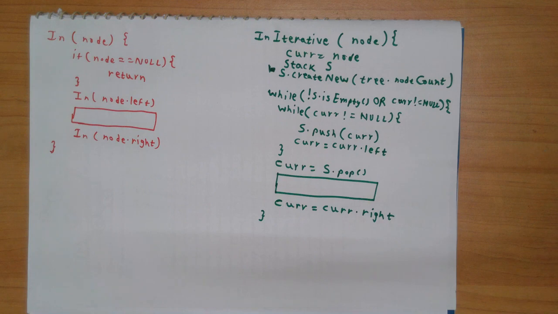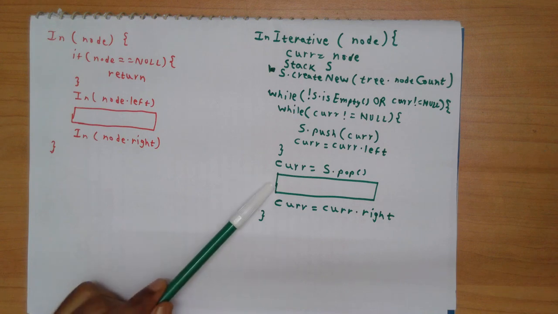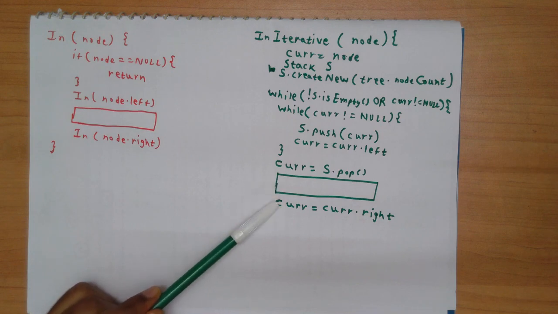Similarly, when I'm done processing the left subtree of my root, and I am done with the node specific operation for my root, I would move to the right of my root.